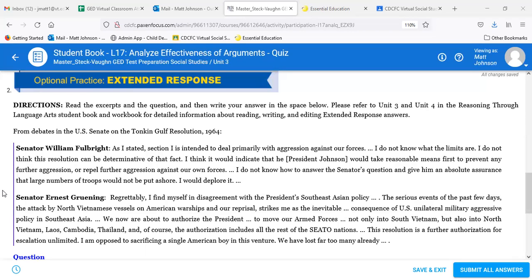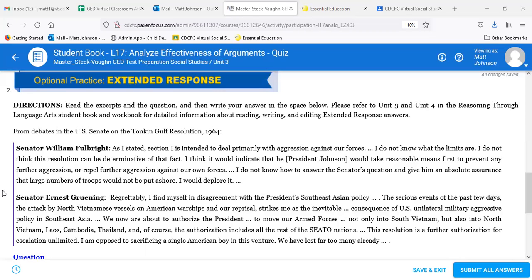So it doesn't indicate that there is any limit to what President Johnson can do. Senator Fulbright pretty much admits that he doesn't think these things will happen. And Senator Gruening is also pointing out, he might think it's not going to happen, but we also don't have any limits to his power at this point.